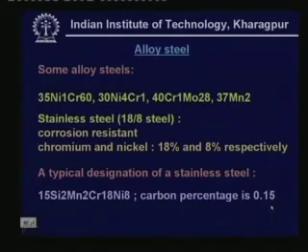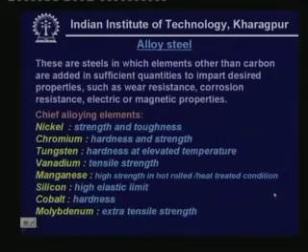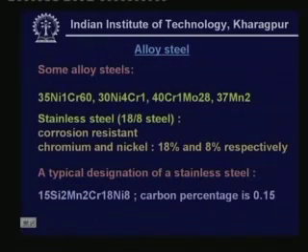You have seen the chromium and nickel properties in our earlier slide. Chromium gives hardness and strength, nickel gives strength and toughness, and all these give the stainless steel. A typical designation of a stainless steel can be something like this: 15Si2Mn2Cr18Ni8.